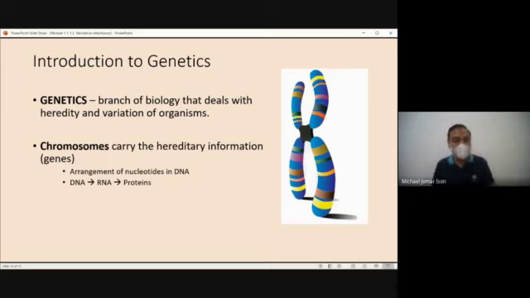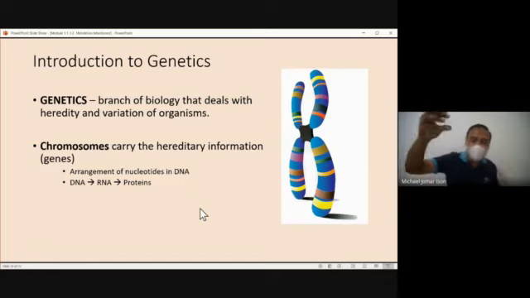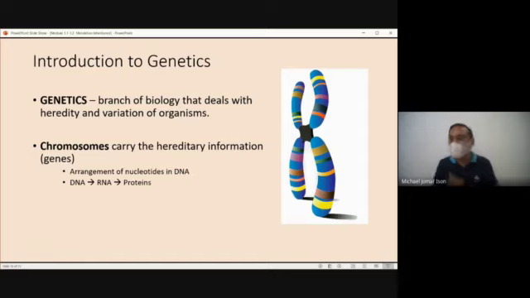Another word that you have to take note of, as we have already studied before, is chromosome. Chromosomes can be defined as the carriers of the heredity information, which we call genes. You're very familiar that the DNA produces the RNA, and the RNA will be producing the proteins, and the proteins would be the ones producing the physical characteristics, the traits of a particular organism.